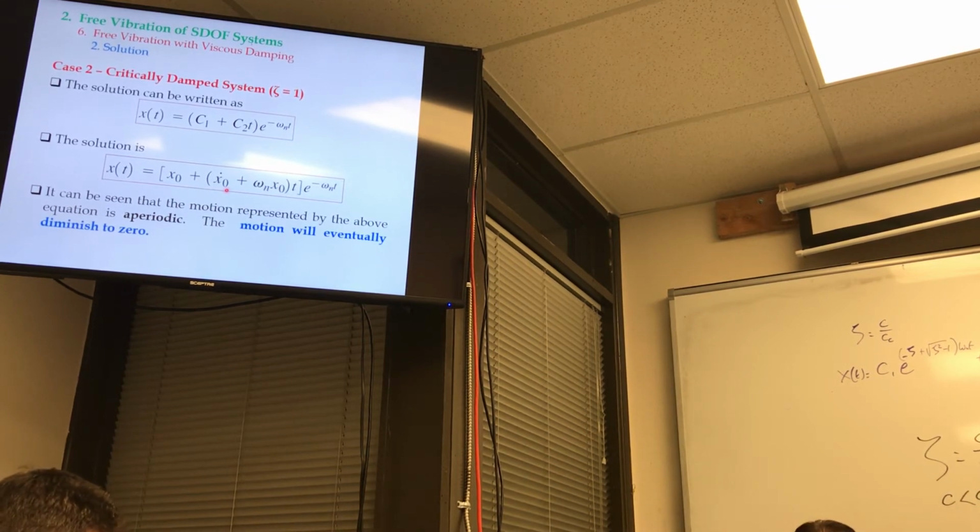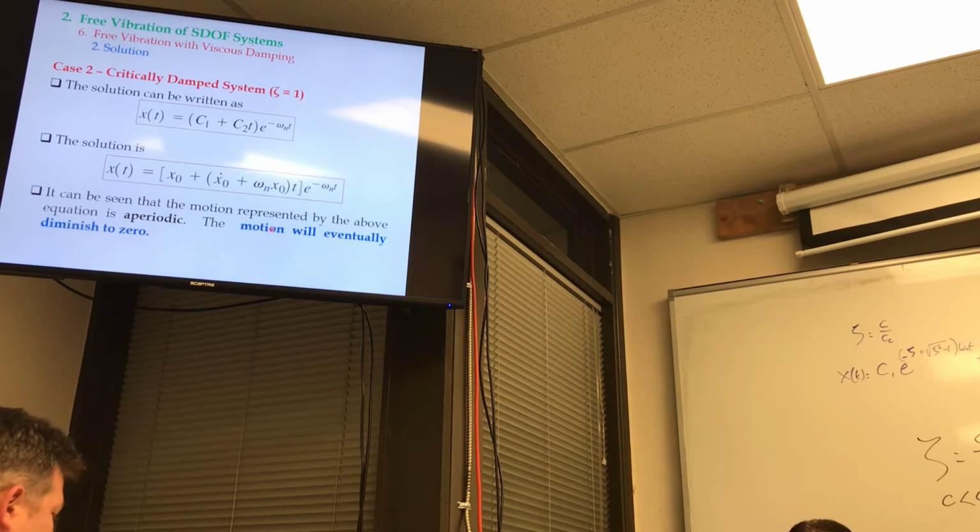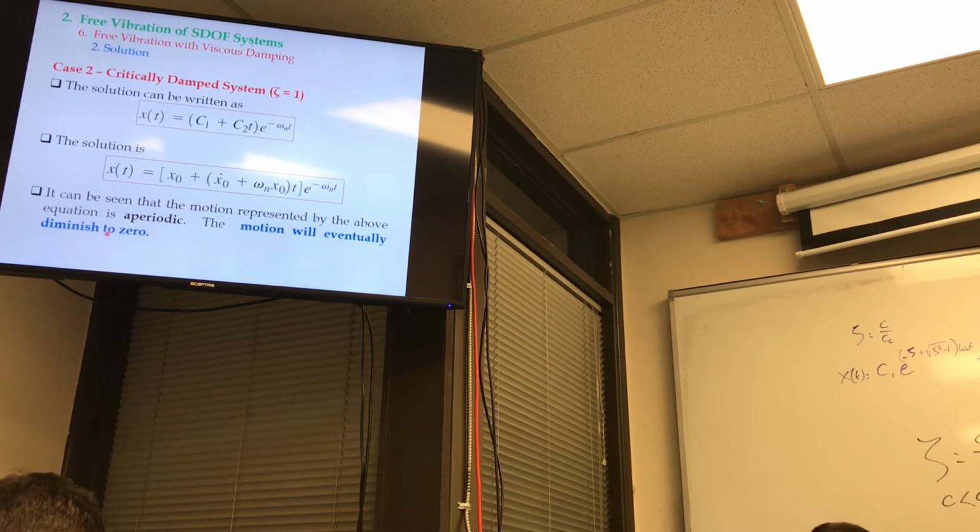No, because there is no sine or cosine in it. So we call that aperiodic, meaning there is no periodicity in it. And the motion, because of this culprit again, exponential of negative t, as t approaches infinity, the limit of that function goes to 0. That means the motion will eventually diminish to 0.